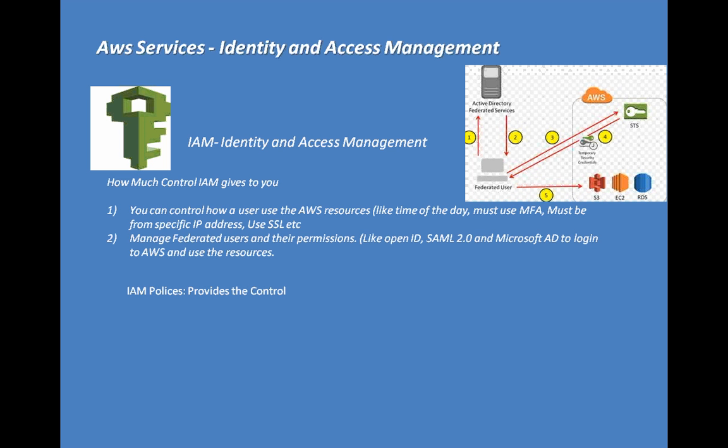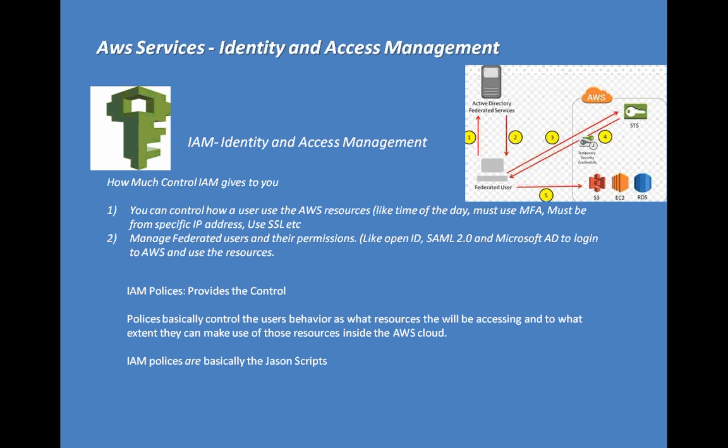So when we attach policies to these identities, we are creating rules for when they should be able to access the AWS resources and what type of resources they should have access to, on a need basis or on the basis of least privilege, which we generally implement in the security industry and which is also best practice.